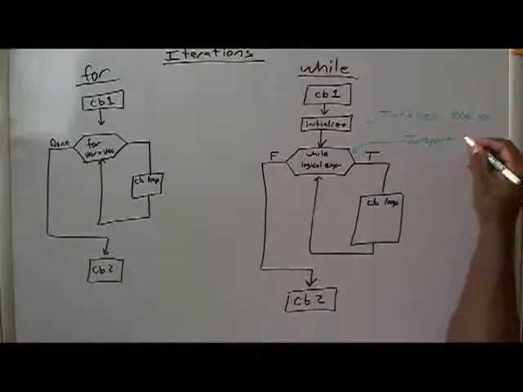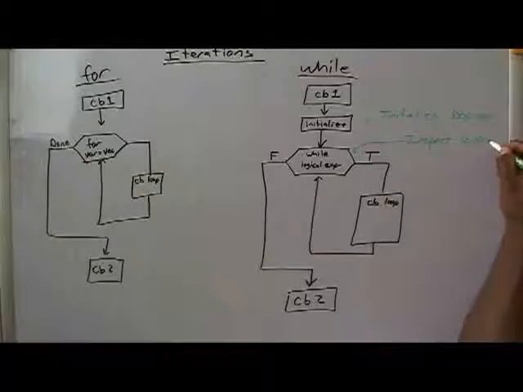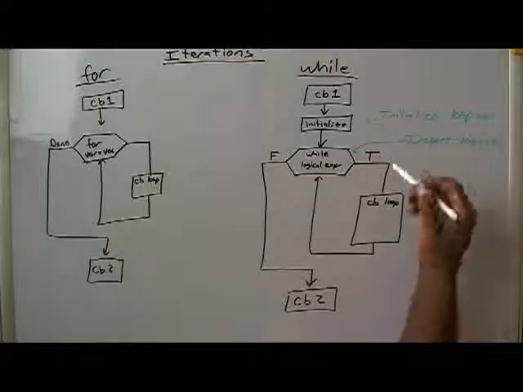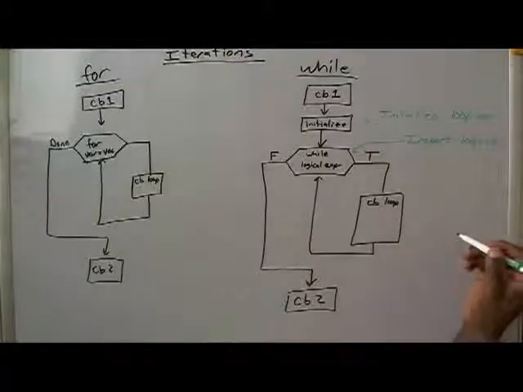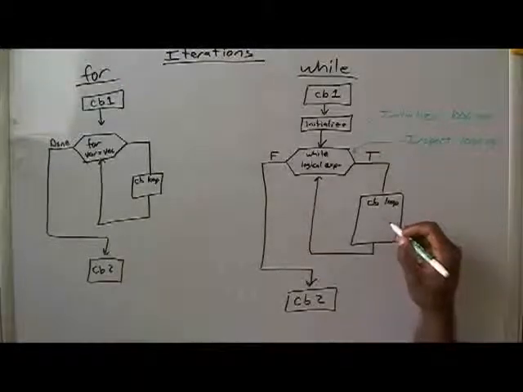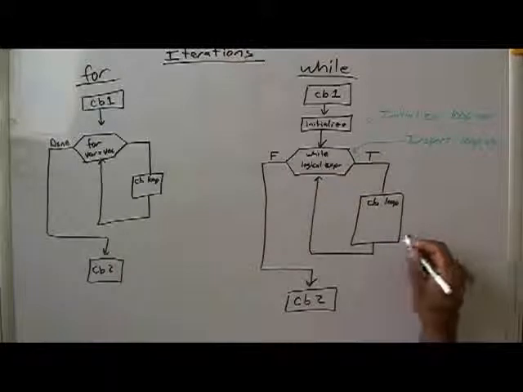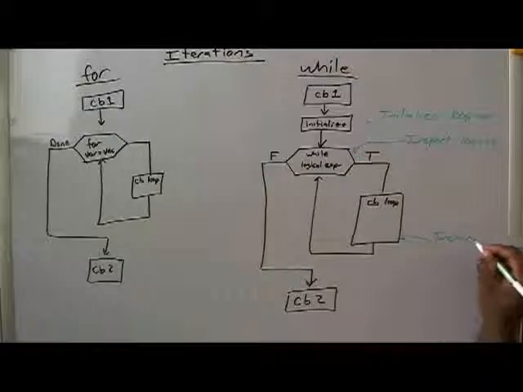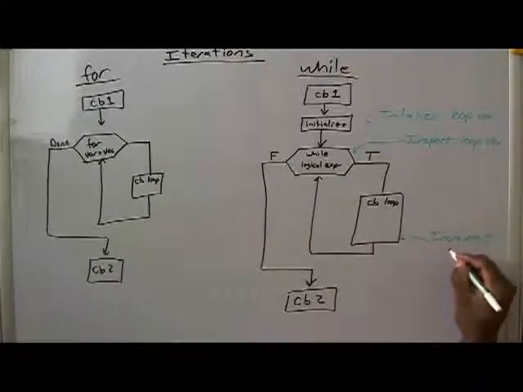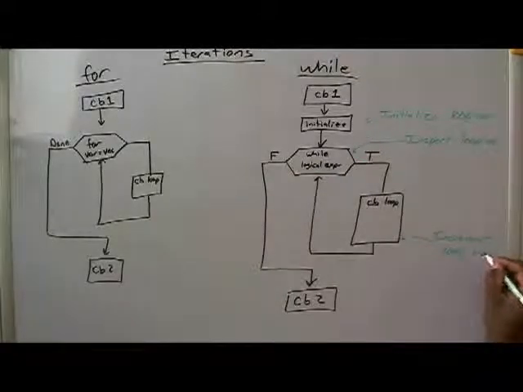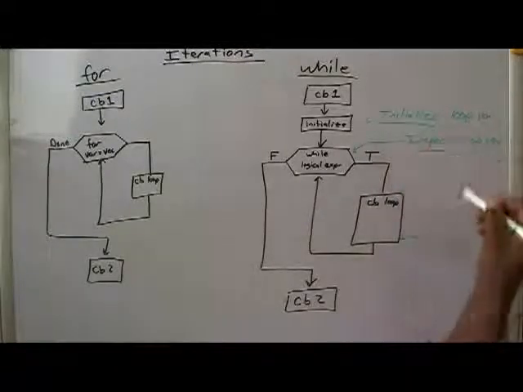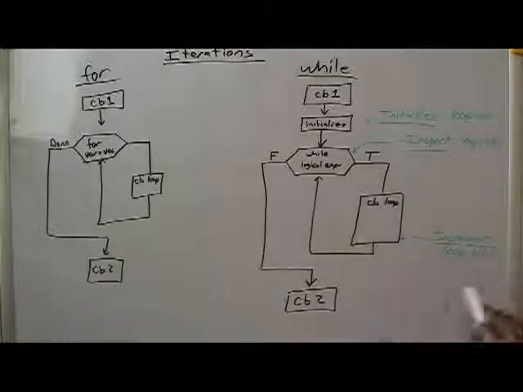Here you inspect the loop variable to see if it has reached some terminating condition or not. And then inside this code block, somewhere, you must increment the loop variable. So you have three things going on: you have to initialize, inspect, and increment your loop variable.